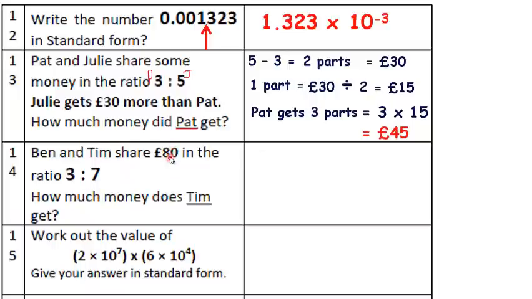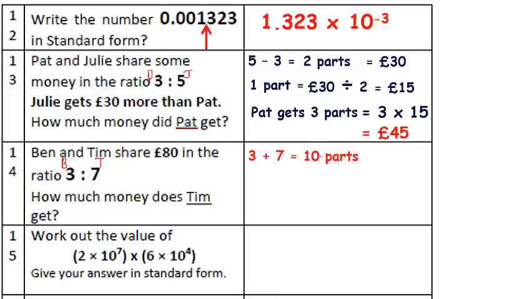Ben and Tim share £80 in the ratio 3 to 7. Okay, this 3 is Ben and Tim is the 7 parts. Now, Ben and Tim share £80, so they're going to share the whole £80 in the ratio 3 to 7. So what I'm going to do is add up the 3 and the 7, that's 10 parts.